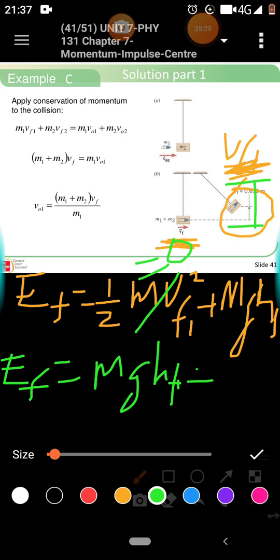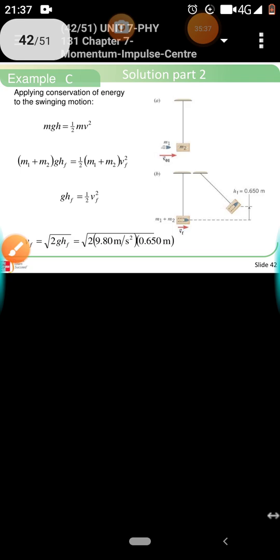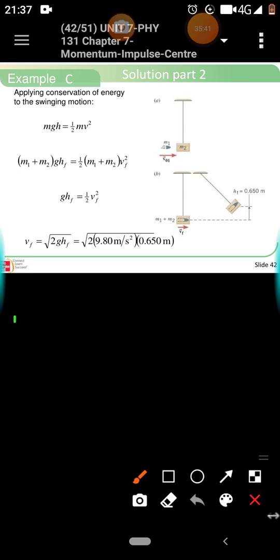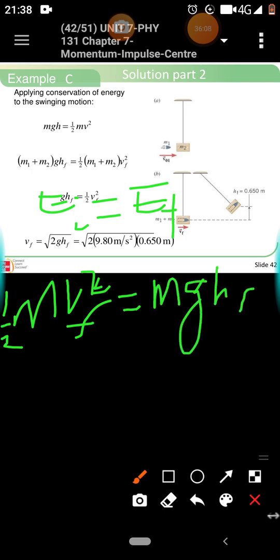Now we need to equate it to this equation. Since initial energy equals final energy, we have half m v squared equal to m g h final.